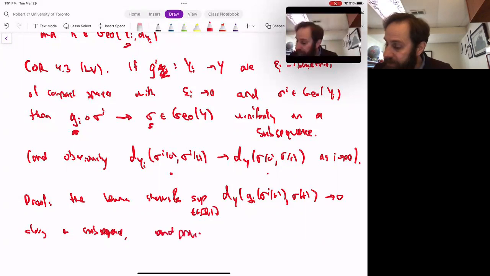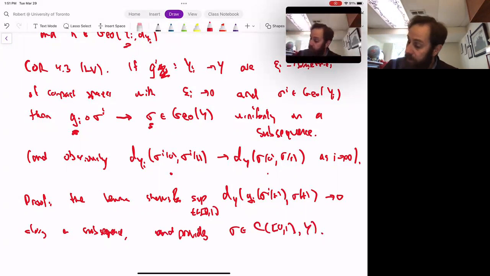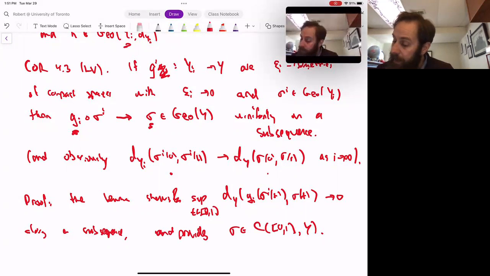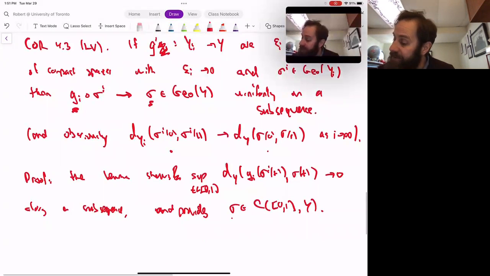And it provides this limiting object, but so far all we know about the limiting object is it's a continuous map from 0, 1 into Y. And what we want to check is that this limiting object is actually a geodesic, right?